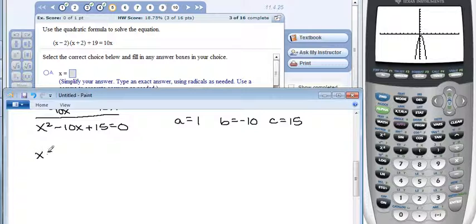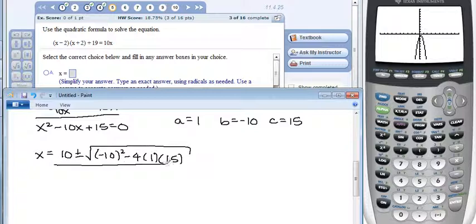So now we have x is equal to 10. I have a negative 10, so I want the positive 10 here, plus or minus the square root of negative 10 squared minus 4 times a times c, all over twice a. Simplify. 10 plus or minus the square root of negative 10 squared is 100, minus 4 times 1 is 4, 4 times 15 is 60.